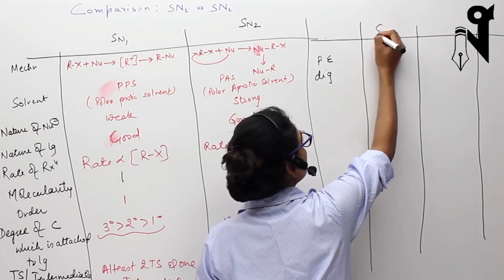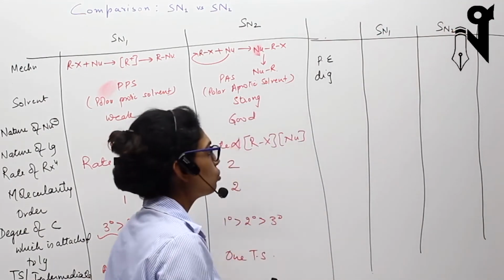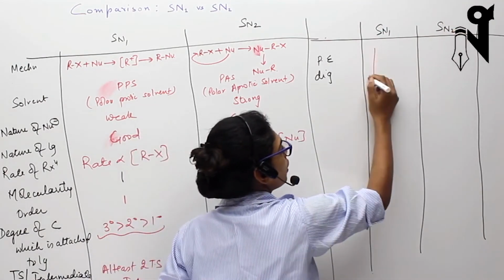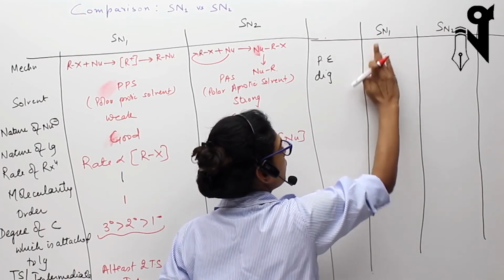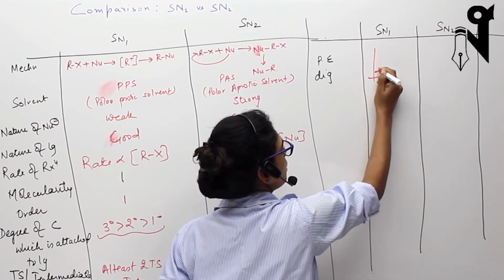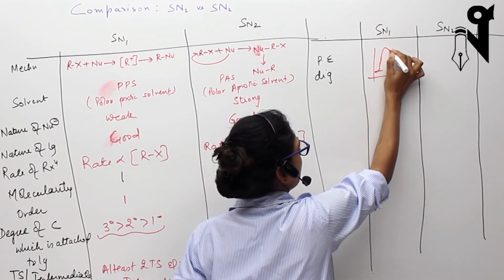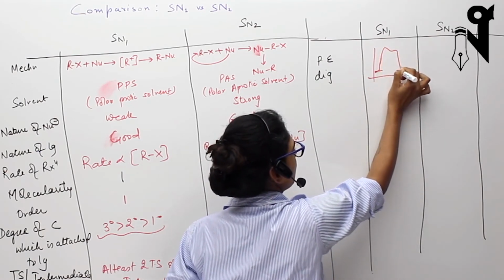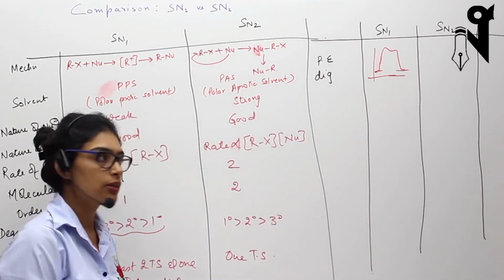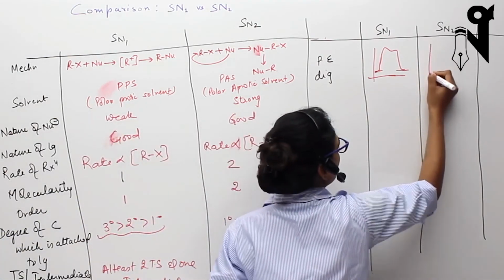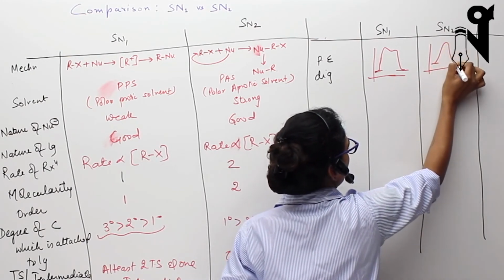For SN1, the potential energy diagram goes through double peaks. So potential energy diagram is like this. That's how the potential energy diagram will be for SN1, and this is how the potential energy diagram of SN2 will look like.